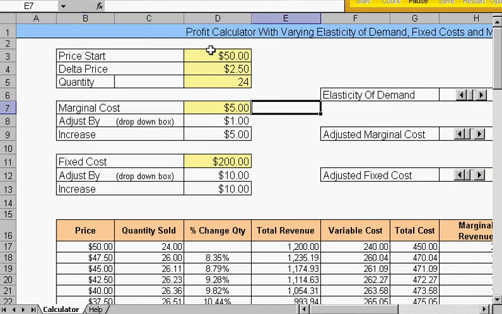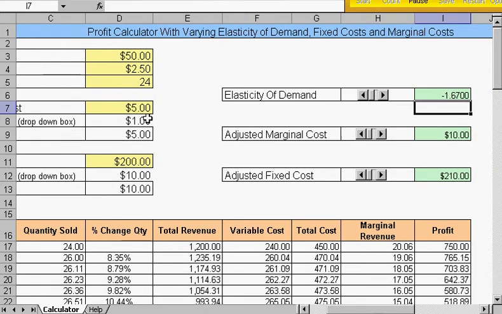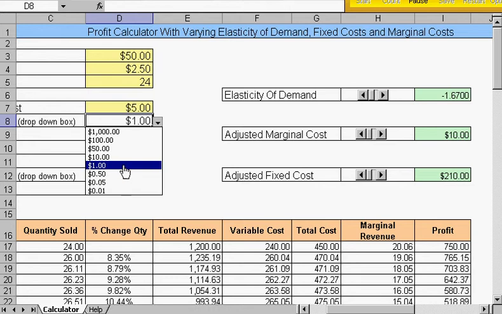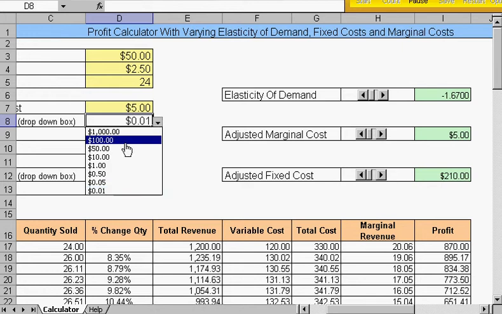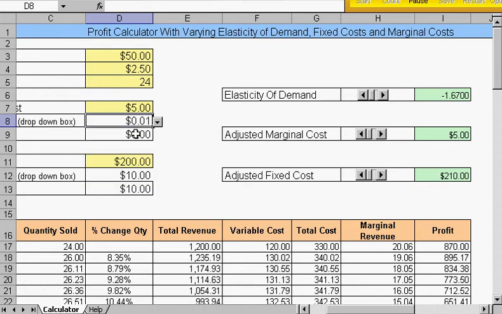Let's take a look at our sliders. We have our marginal cost here. And our drop-down box here will determine how our slider adjusts the marginal cost. So here is our adjusted marginal cost. We started out at $5, and we can increase it by $1, as in here.